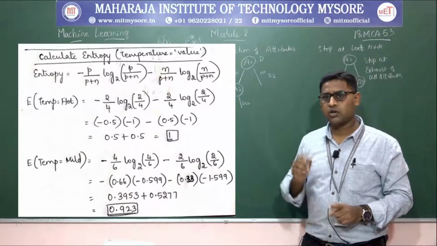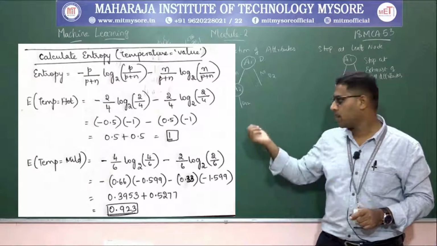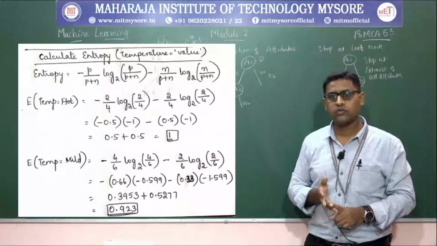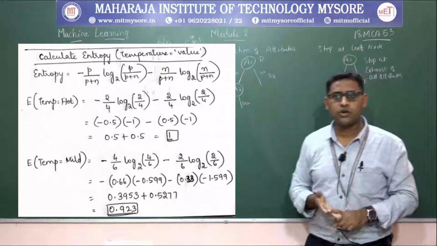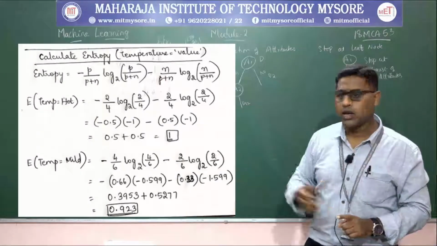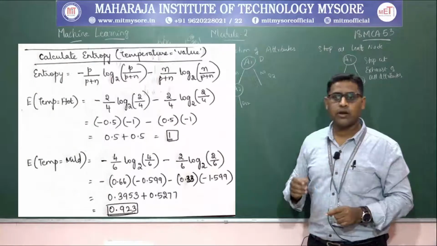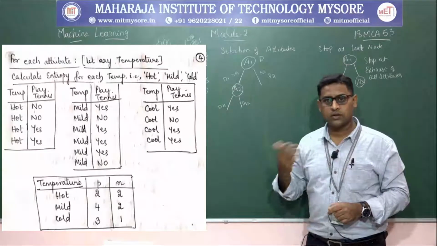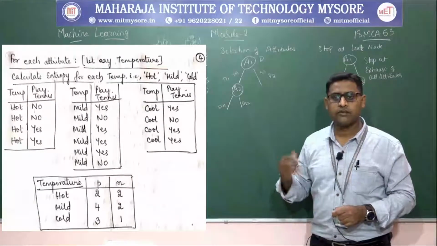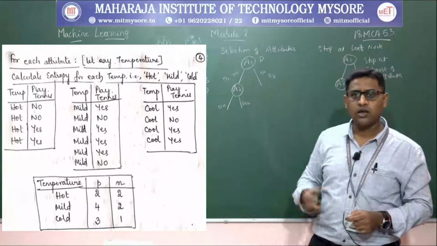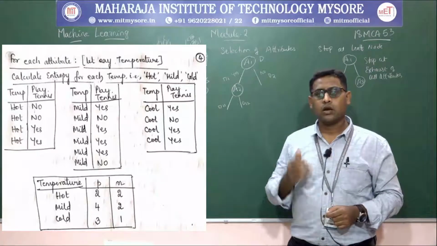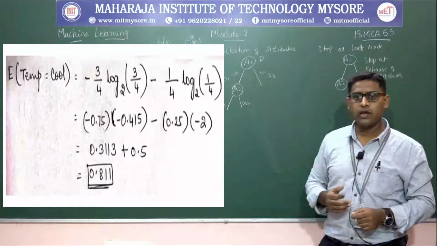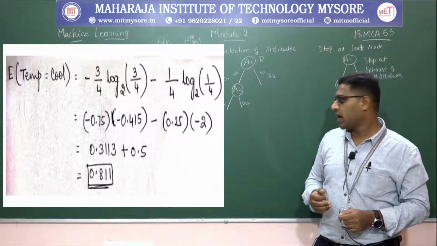After the computation you will get 0.5 plus 0.5, which becomes the entropy value 1. Similarly, if you substitute the values for mild, you will get the entropy value as 0.923. Next, you substitute the table values of positive and negative, 3 and 1, for the attribute cool. Then the entropy value will be 0.811.